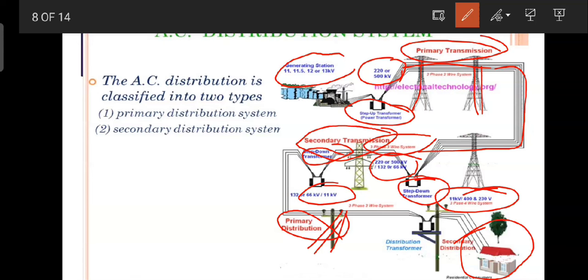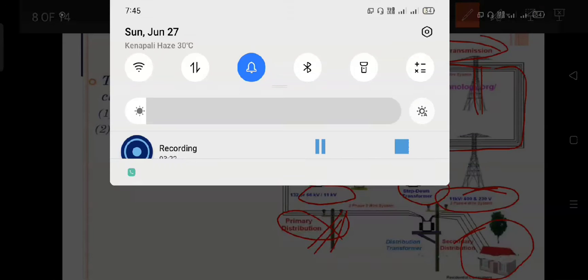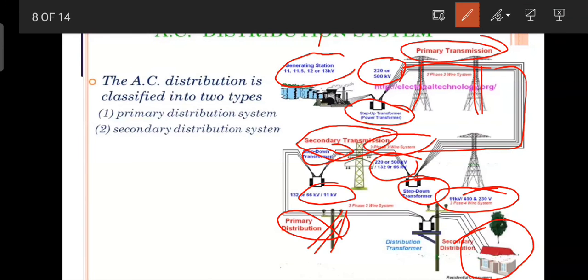Mainly we use 230 volt in our home appliances, and it is a 50 hertz frequency in our India. In other countries it is 60 hertz. So this is our whole AC distribution system.